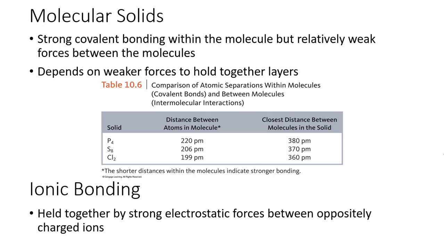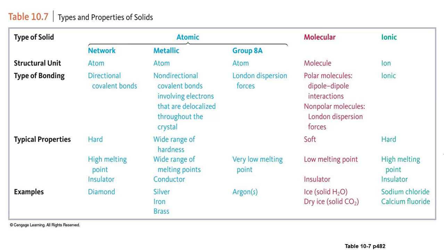And then with ionic bonding, yes, those electrostatic forces are holding together oppositely charged ions, and that's true within the entire lattice structure. And so you're going to have your stronger bonding happening there. All of these different pieces, whether it be atomic, molecular, or ionic, are going to build together to help determine the properties of the substance.